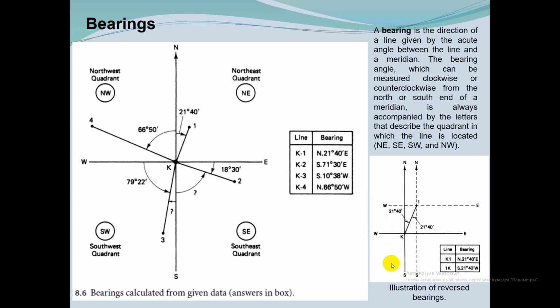In computations, the direction of a line depends on which end of the line the meridian is placed. So you can see the line K1 bearing and the line 1K bearing.